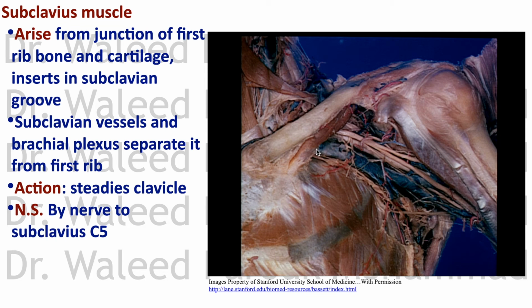The subclavian vessels and brachial plexus are separated from the first rib by it, and its action is to steady the clavicle during movements of the upper limb. It steadies or fixes the clavicle to decrease the strain on the sternoclavicular joint. The nerve supply is by the nerve to subclavius of C5.